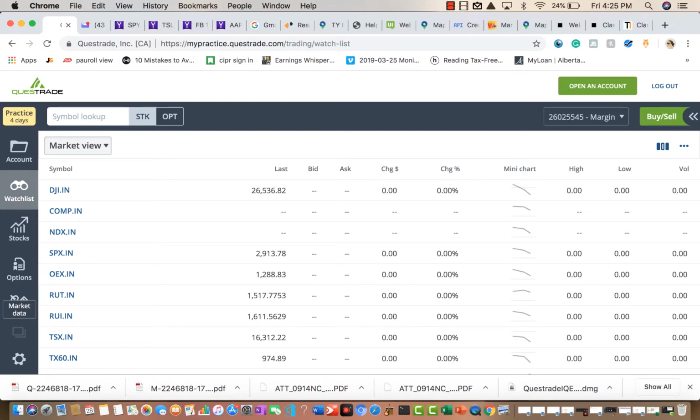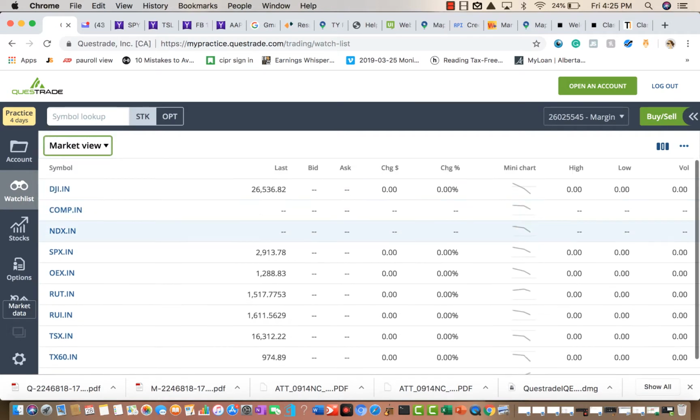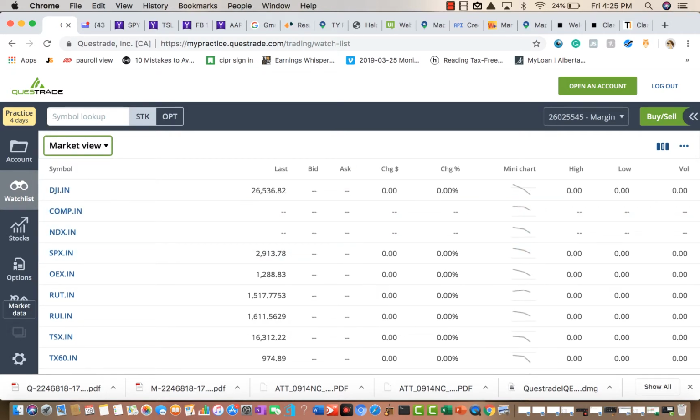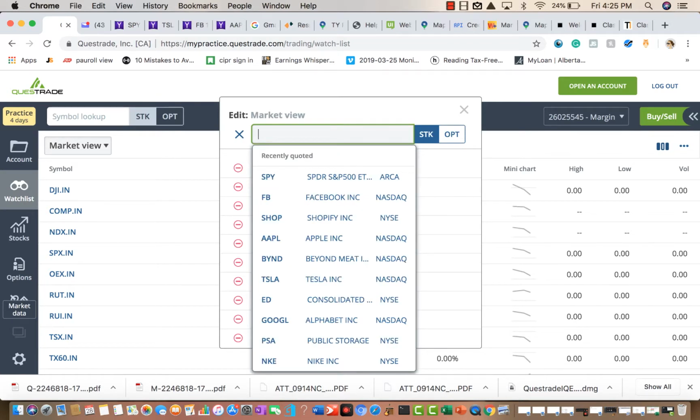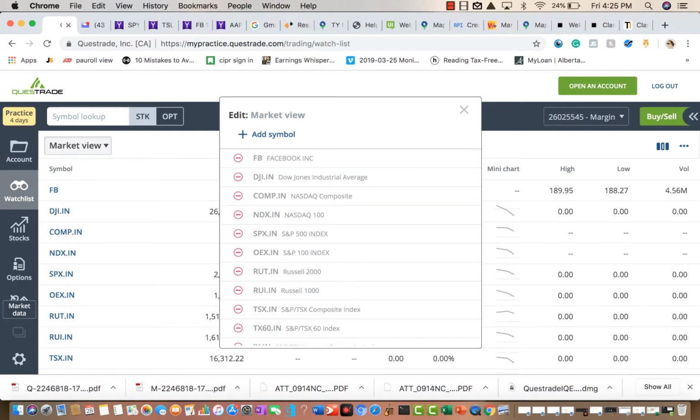Watch list. This is where you can list the stocks that you want to follow, that you want to check. So let's say I want to do Facebook.